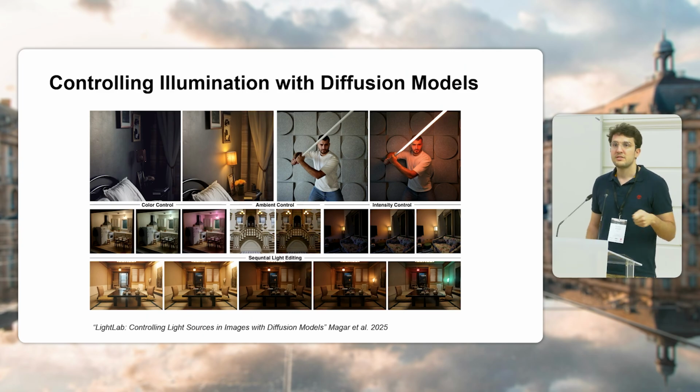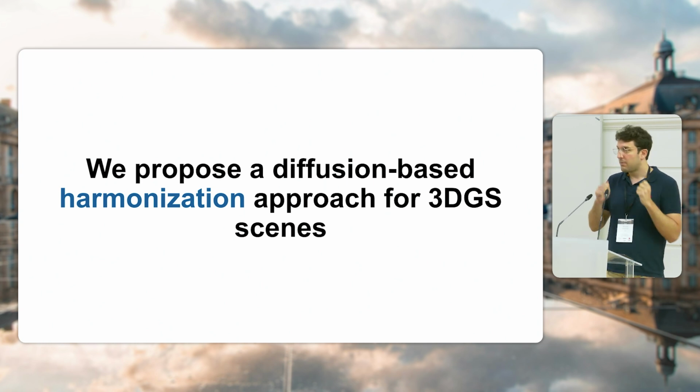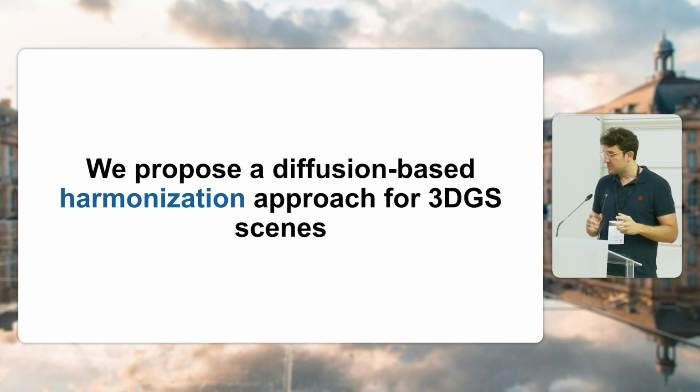And you can also change the color of the lights. So based on these works, we propose a diffusion-based harmonization approach for 3DGS scenes. Our method will allow us to take an object from one scene, place it in the other, correct the illumination so it matches the target, and make it look realistic.